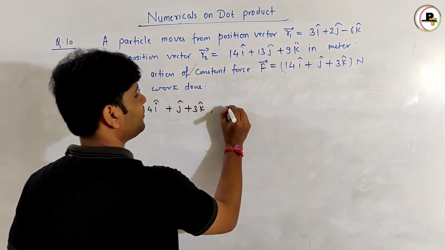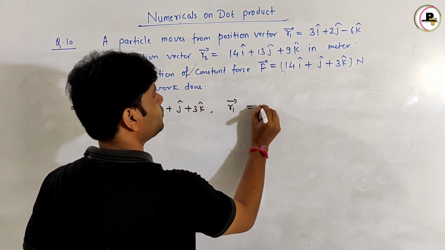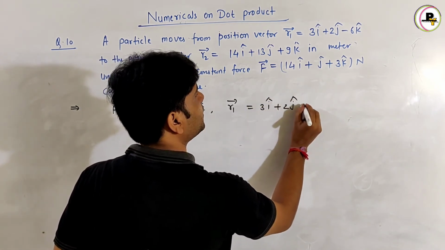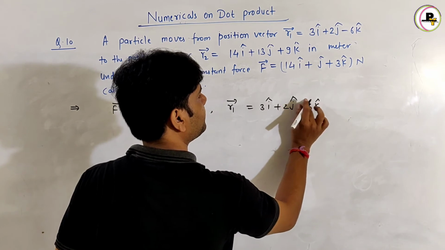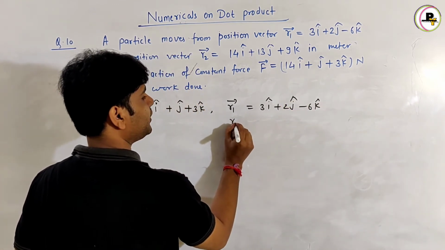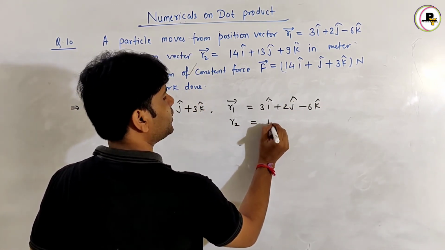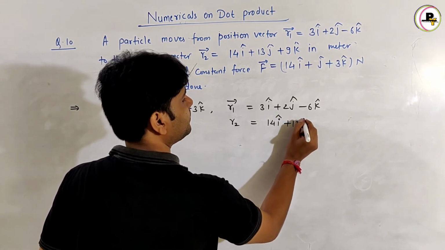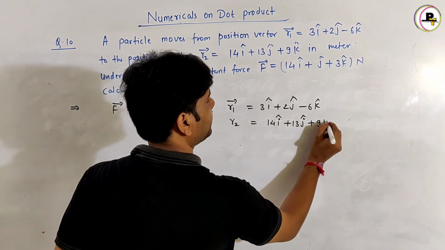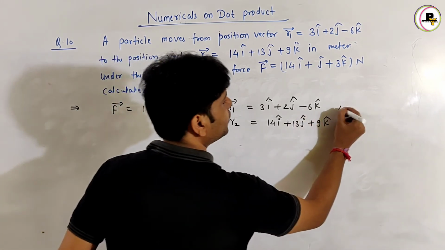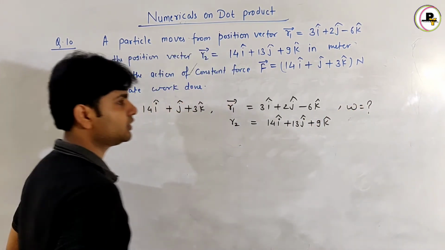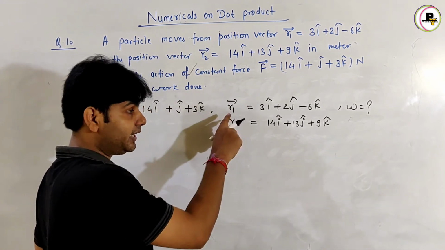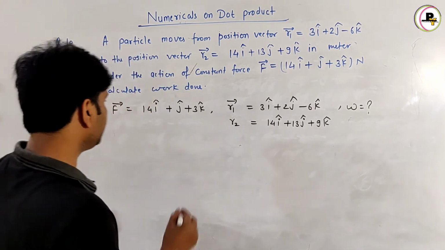And I have given r1 vector which is equal to 3 i cap plus 2 j cap minus 6 k cap, and r2 vector is 14 i cap plus 13 j cap plus 9 k cap, and I need to find work done W. So for that I need to find the displacement, since I have been given the position vectors.